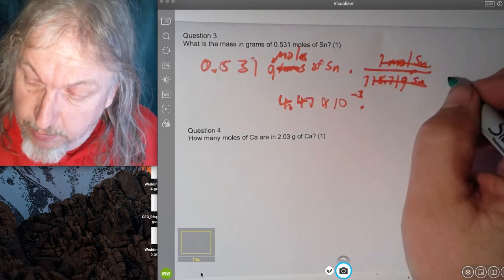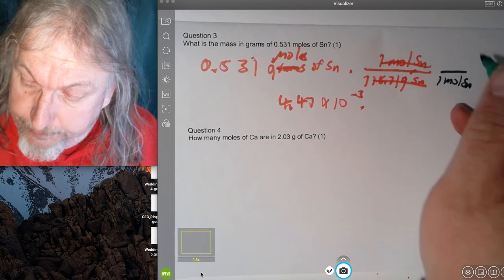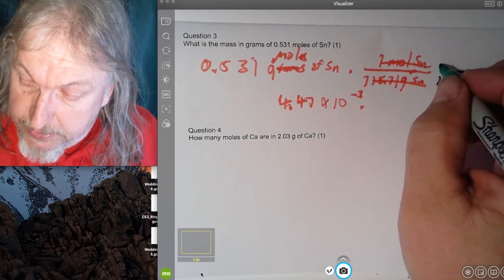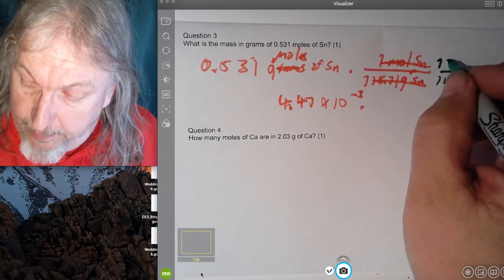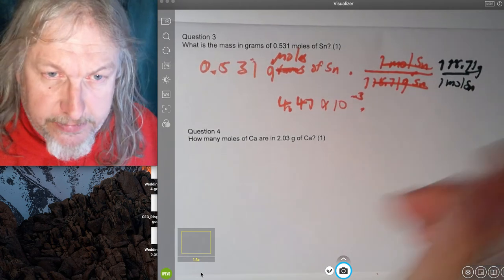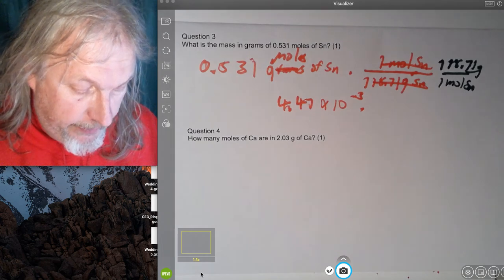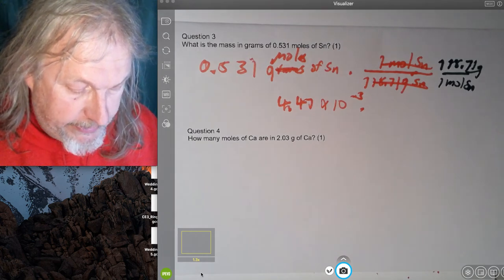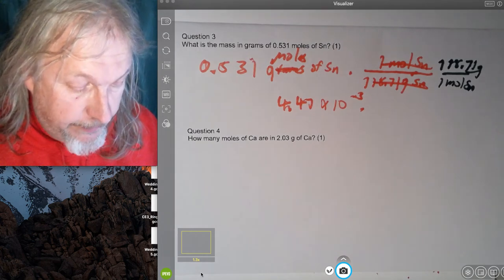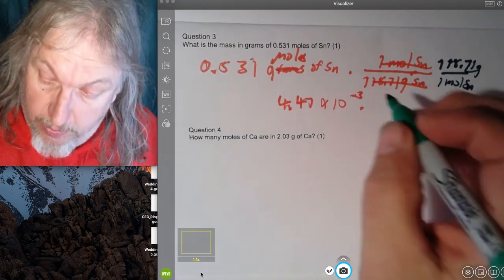So now that's moles of Sn. I'm going to put 1 mole in the bottom so I can cancel out the moles, and I'm going to put the atomic mass of tin, and that's in grams. So now if I take 0.531 and I multiply by 118.71, I get 6.30 grams.